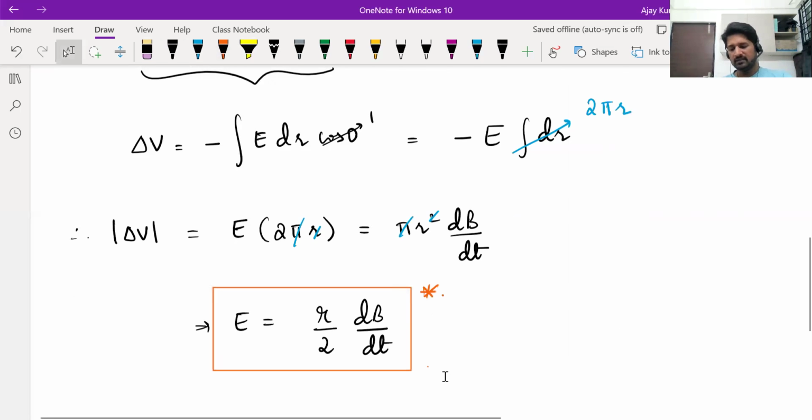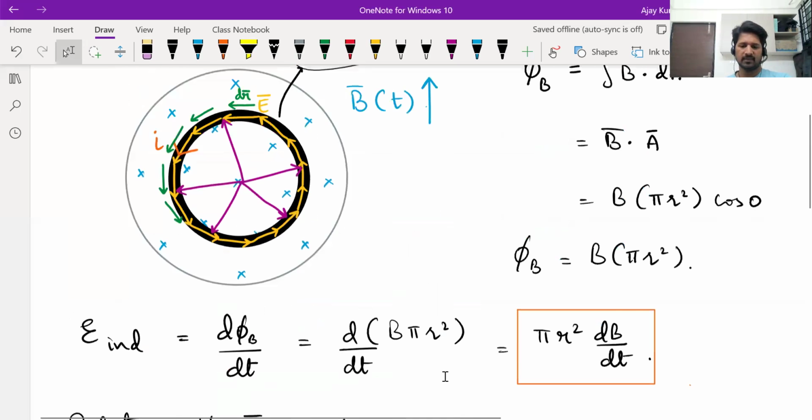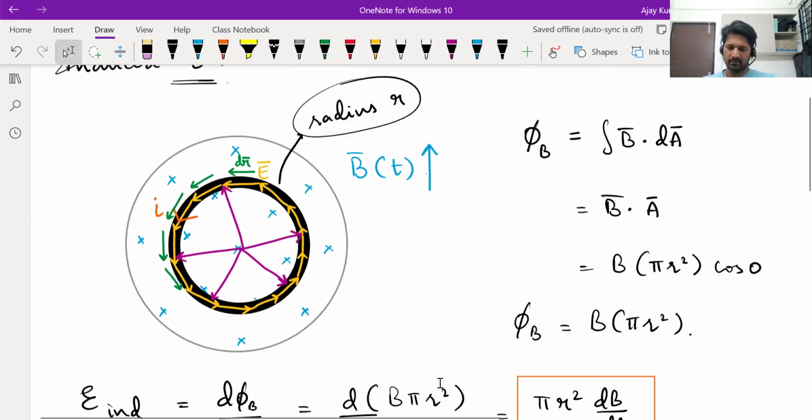Fine. And see, the result involves r, which means this result is true only for this system. There are some assumptions we made here. We took a circular loop for our convenience. And we took the magnetic field also in a circular region.